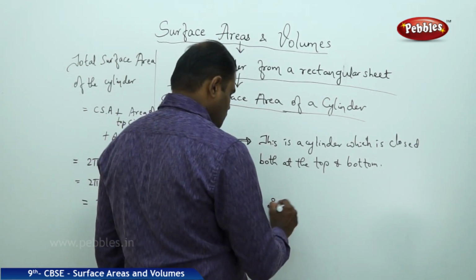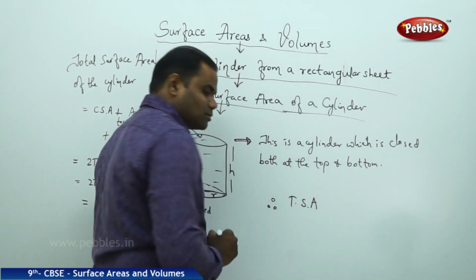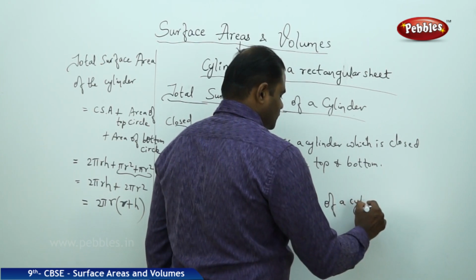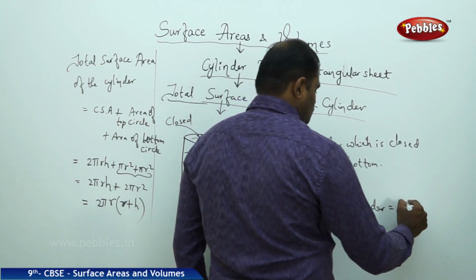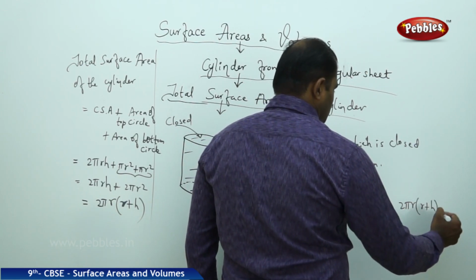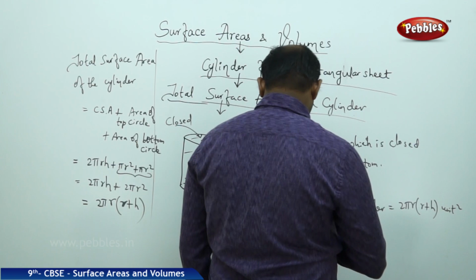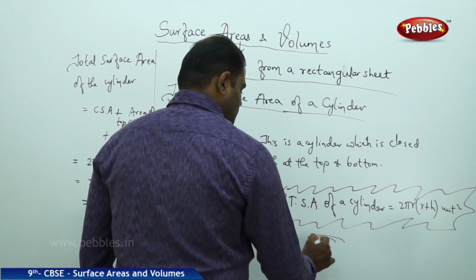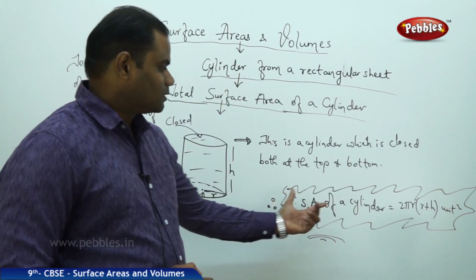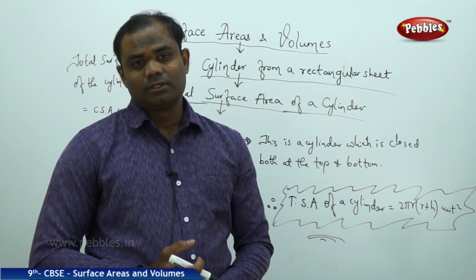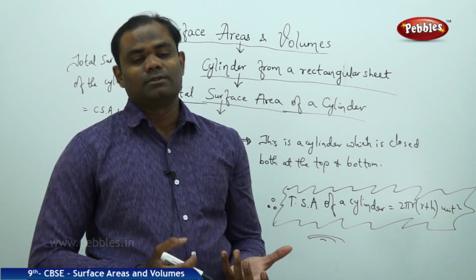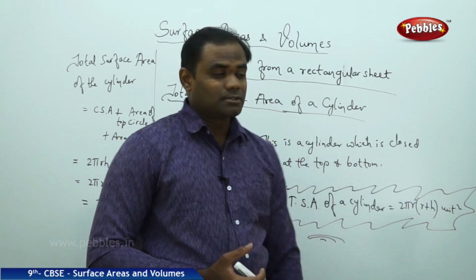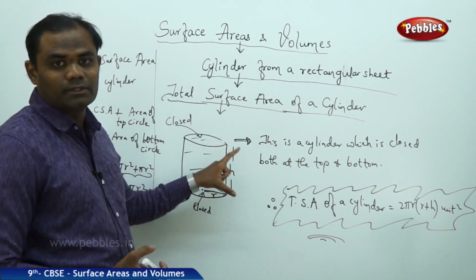Therefore, the total surface area, denoted by TSA, of a cylinder is 2 pi r into r plus h unit square. That's how we understand the total surface area of a cylinder, with the top and bottom included, is 2 pi r into r plus h unit square, where r is the radius and h is the height of the cylinder.